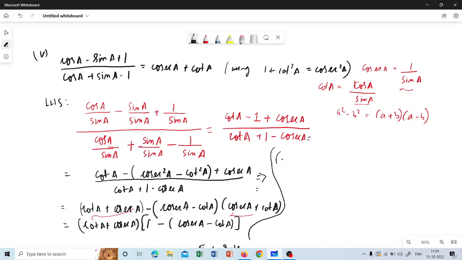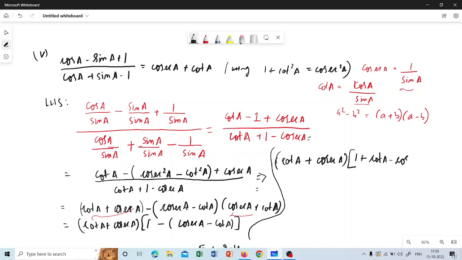So my term will be cot of A plus cosecant of A into 1 plus 1 minus cosecant of A. Let it be written like this: 1 plus cot A. It should be 1 plus, minus into minus, 1 into minus cot A is plus cot A. So now I can write like this: plus cot A, then minus into cosecant of A is minus cosec of A.